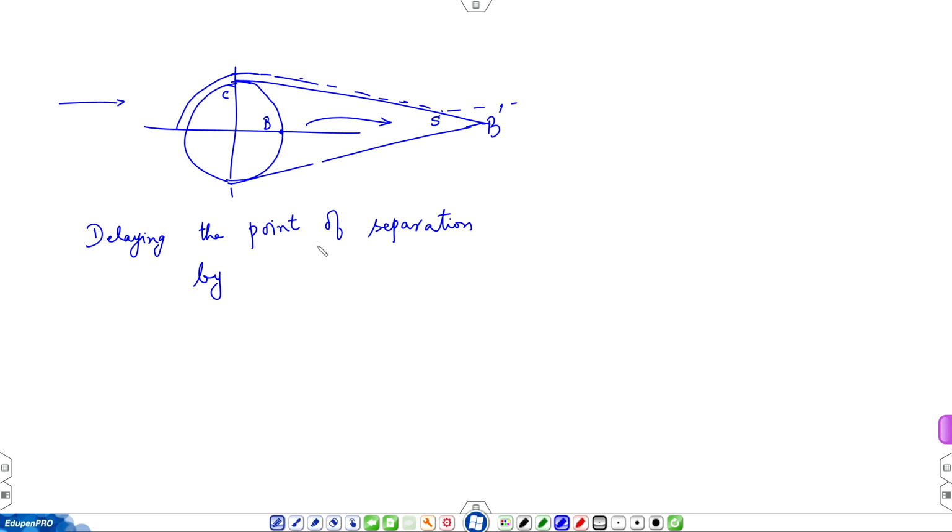It's an aerofoil kind of cross section. This is the origin of an aerofoil. An aerofoil cross section has a low drag, mainly because the point of separation is now delayed by streamlining.